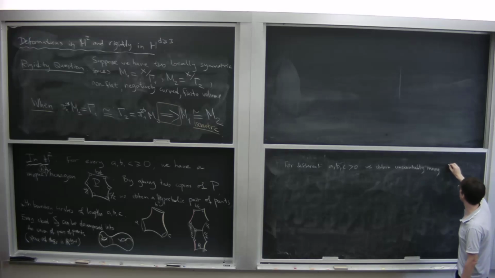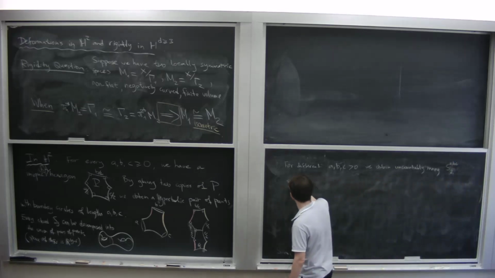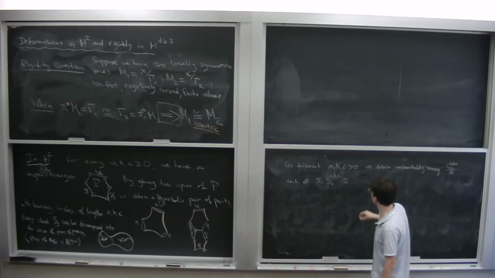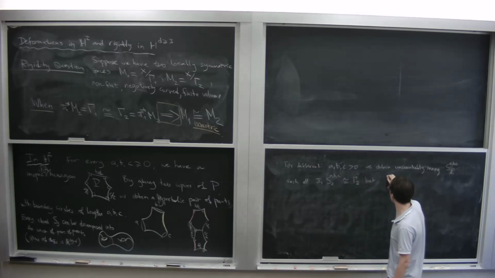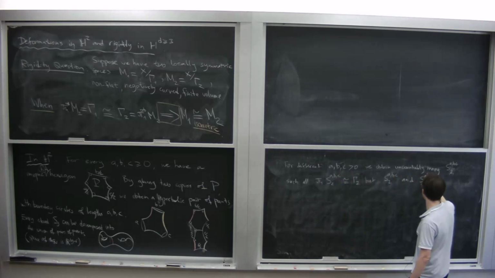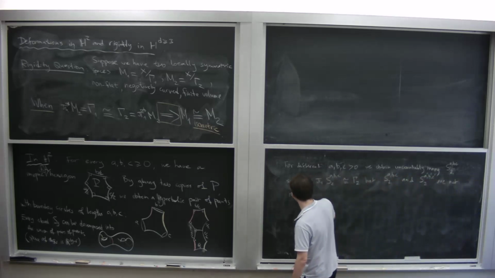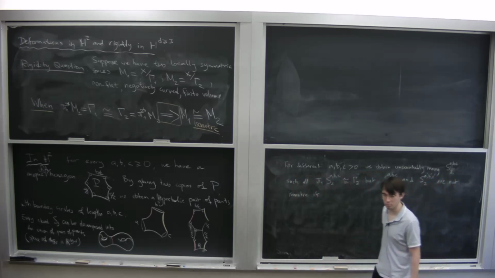We obtain uncountably many surfaces S2 with parameters ABC, such that all pi 1 of S2 ABC are isomorphic to the same group gamma 2, but S2 with ABC and S2 with A prime, B prime, C prime are not isometric, if ABC is not equal to A prime, B prime, C prime after permutation, right?